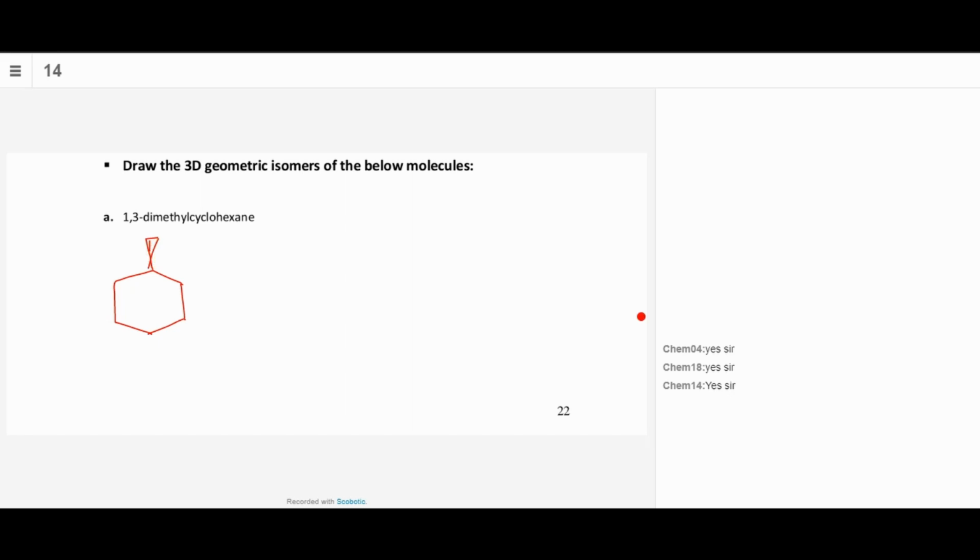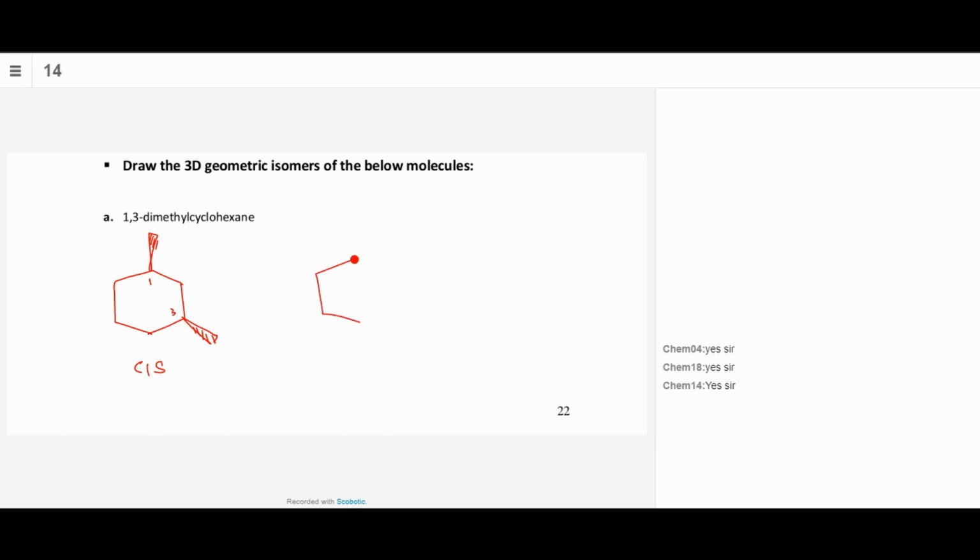The line represents carbon here because this is skeletal formula. Both are on 1 and 3, both coming out, right? This is 1,3-dimethyl cyclohexane. This is the cis form of it.